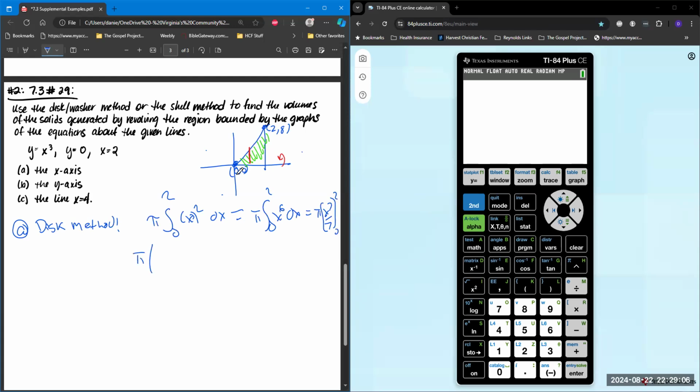That's pi times 2 to the 7th over 7 minus 0, which is a big number. So 128 over 7 pi cubic units.